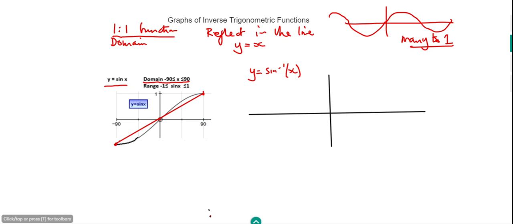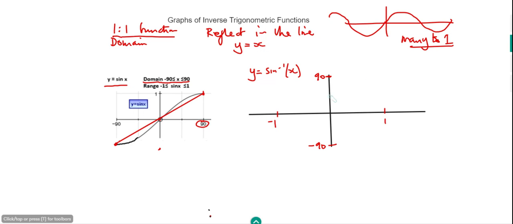So this 90 here is going to reflect in that line and end up here. And the minus 90 would end up down here, and that's going to be minus 90 there. And also the 1 is going to reflect to here, and the minus 1 is going to reflect in this line to here.